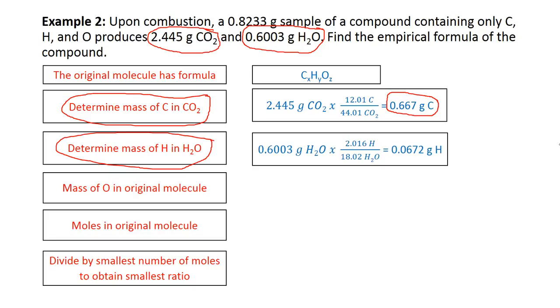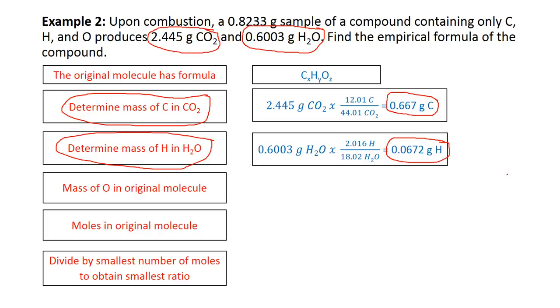So 0.6003 grams of water times the conversion factor, that is the mass for 2 hydrogen atoms, divided by the molar mass of water. In this case, we see that we have 0.0672 grams of hydrogen.